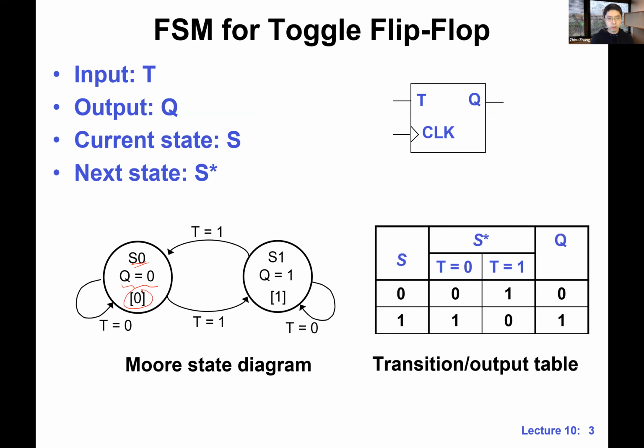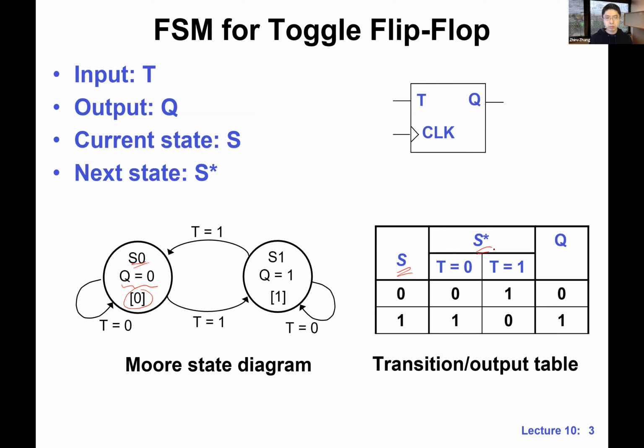I asked you to come up with this transition output table. This is not a hard quiz. All you need to do is just follow the transition. In this state transition, there's a transition output table. Just want to make sure you are still familiar with the terms. We use S to indicate the current state, and S star to indicate the next state.